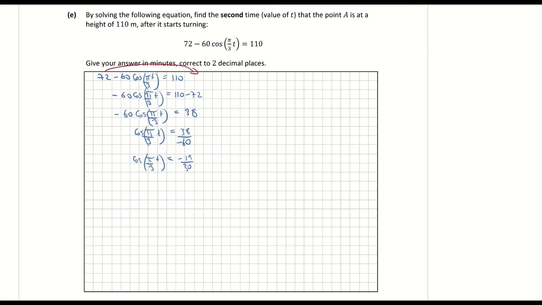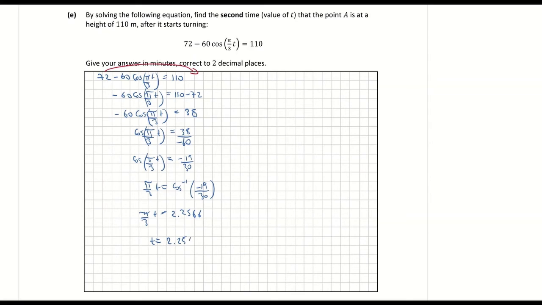If I do cos inverse of that, I get pi over 3t is equal to cos inverse of negative 19 over 30, which is giving me pi over 3t is equal to 2.2566. And to get t on its own, I divide across by pi over 3.